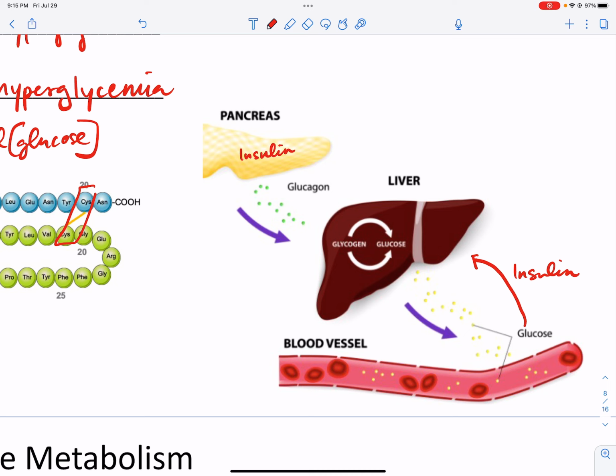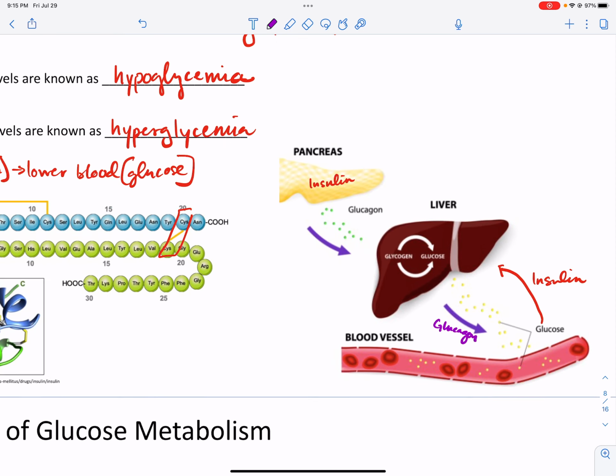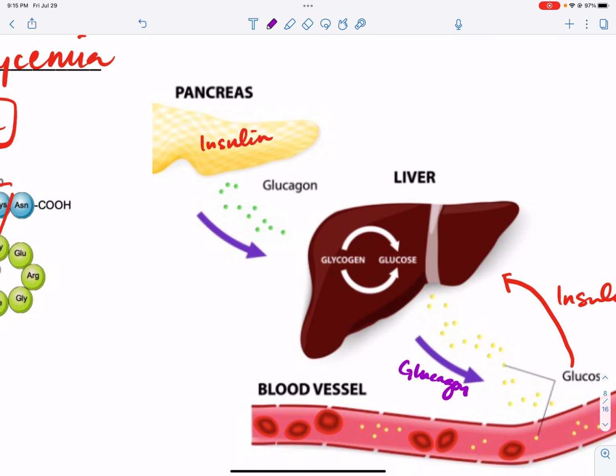Glucagon, which I'll do in purple, is going to do the opposite of that. Glucagon is going to do some things that are going to ultimately dump glucose back into the blood when we need to raise our concentration of glucose in the blood. So you can see that we're about to talk a little bit about glycogen and glucose.